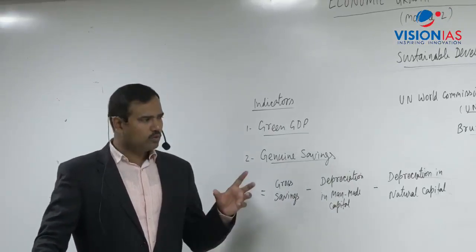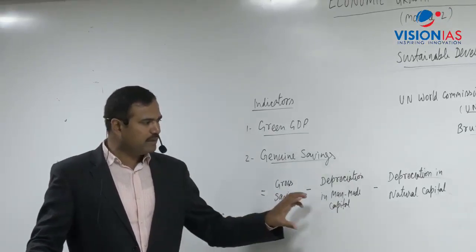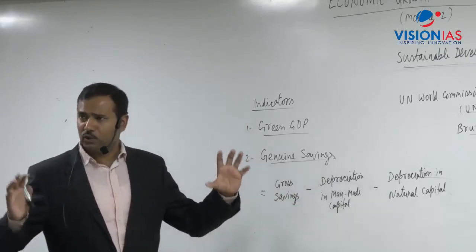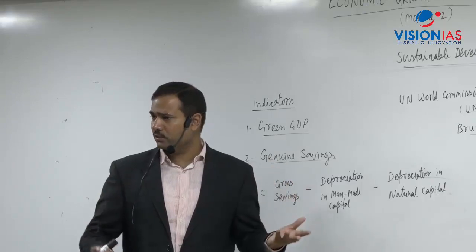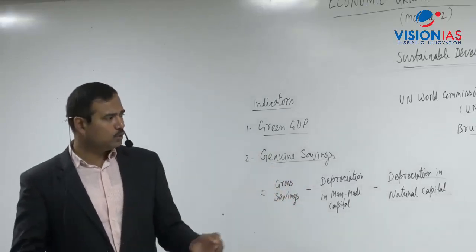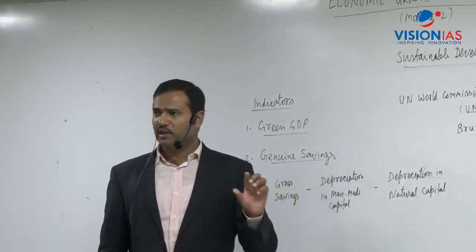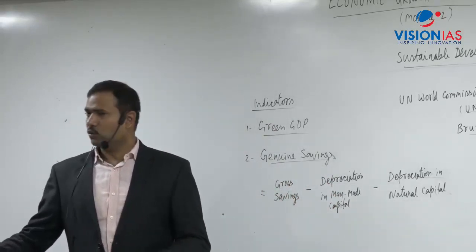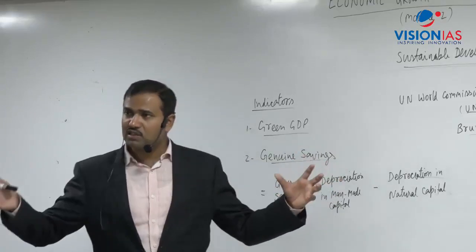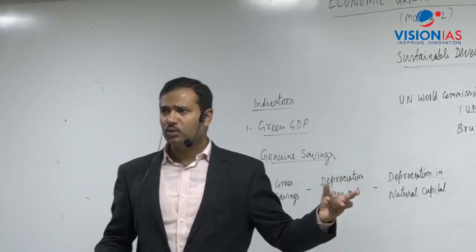Now you know natural capital. Man-made capital means machinery, factory, what we have produced. Capital means anything which assists in the production process, like machinery will help in further production. So what is natural capital? Can it be well defined? Yes or no? No. All those natural things which assist in the further production process. So it is not very well defined.